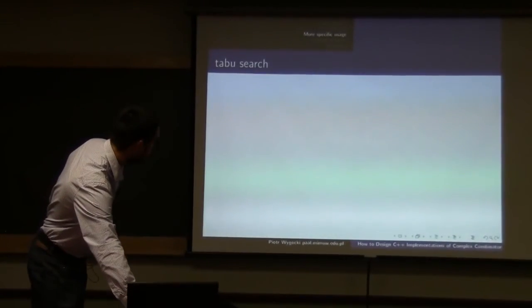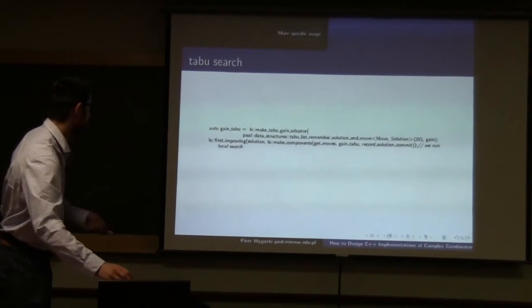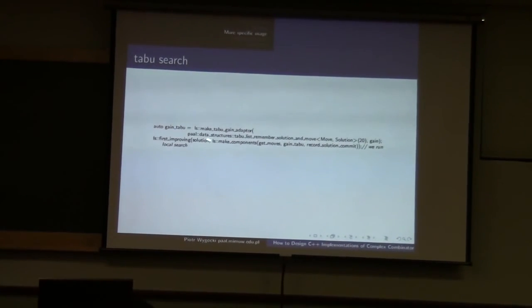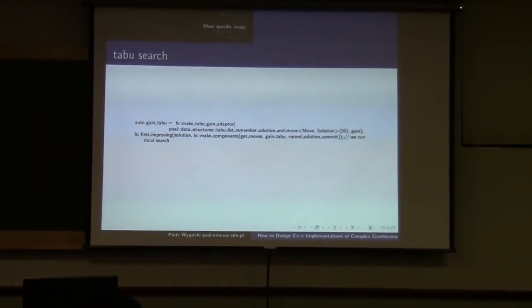Then there is tabu search, and in tabu search, as I told you, you remember some number of previous moves, and you try to avoid them. That's all. You have to write another adapter, and it works.